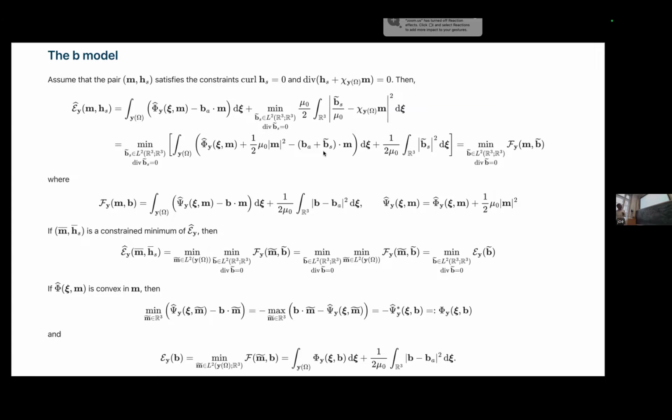The sum of these two is in fact the total magnetic field. And so I can introduce this auxiliary functional, which I assume to depend on the B field.